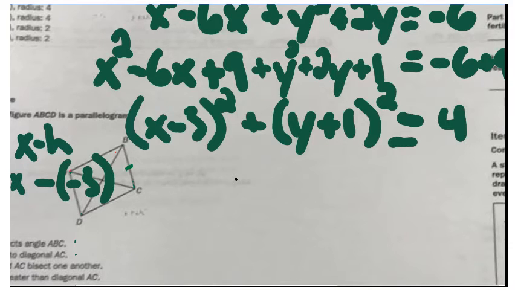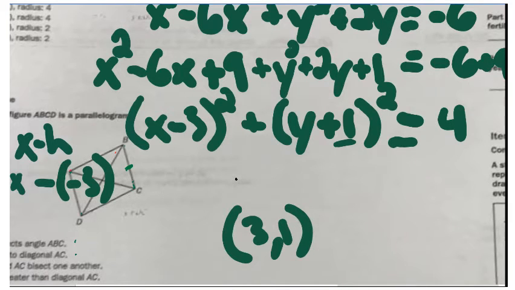So your ordered pair is going to be 3, and your k is positive, so it's just going to stay positive. So you're going to get your center at 3, 1, and the r squared is 4.